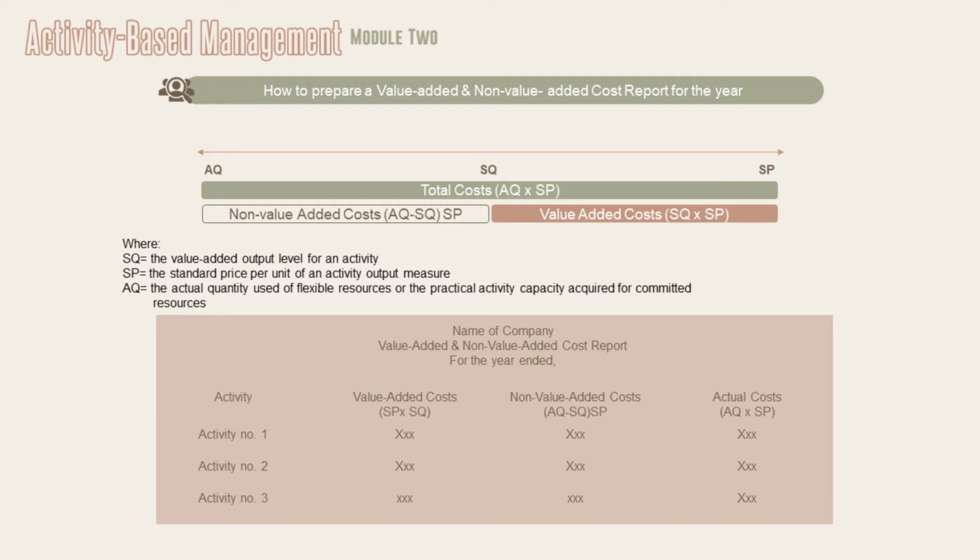If we multiply AQ by SP, we get the total costs. If we multiply SQ by SP, we get the value added costs. And if we deduct the value added cost from the total cost, that gives you the non-value added costs. So now let us try to solve problem number 1.